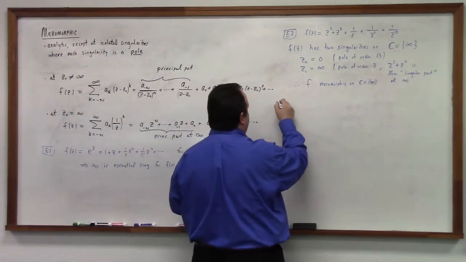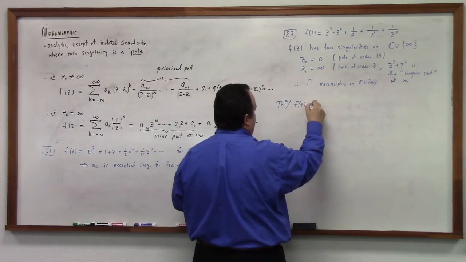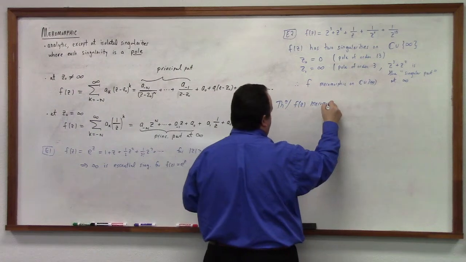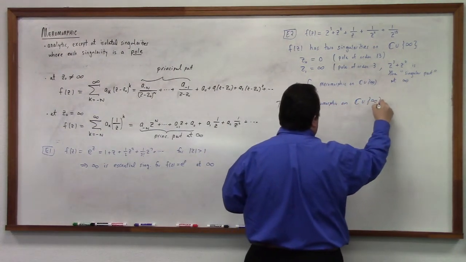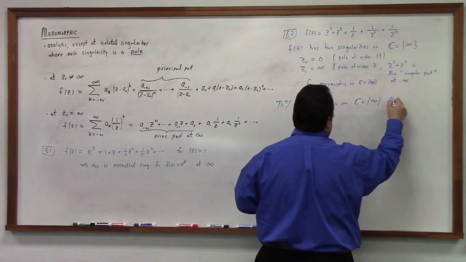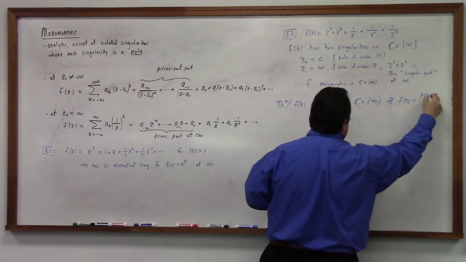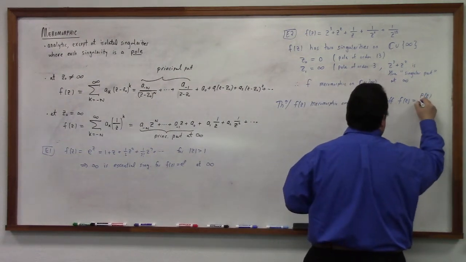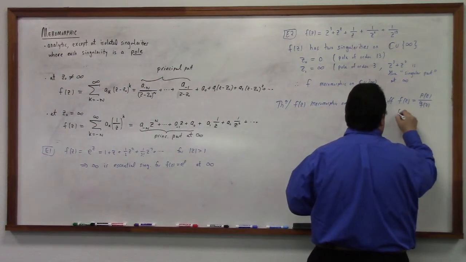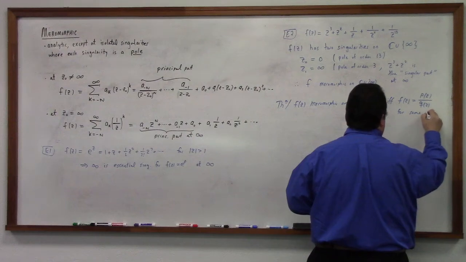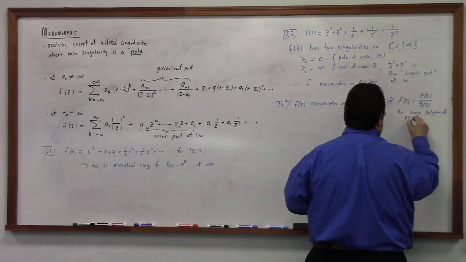So theorem: f of z is meromorphic on C union infinity if and only if f of z is equal to, let's say, p of z over q of z, for some polynomials p of z, q of z.